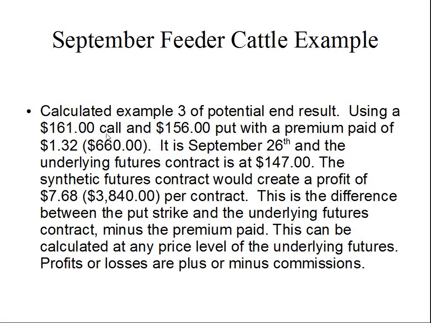Using the same 161 call, 156 put with a premium paid of $1.32, $660. It's September the 26th, and the underlying futures contract is at 147. Remember, currently it's at 145.83, so we're saying that it's going to rise just a little bit more.